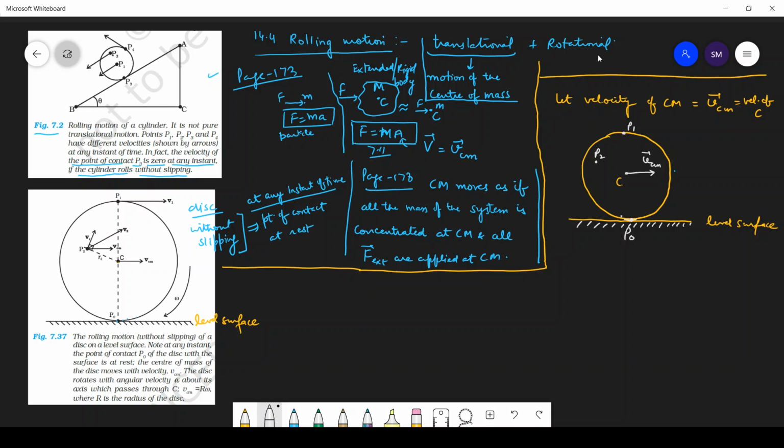So due to rotation we have the linear velocity, and due to translation we have the velocity VCM.